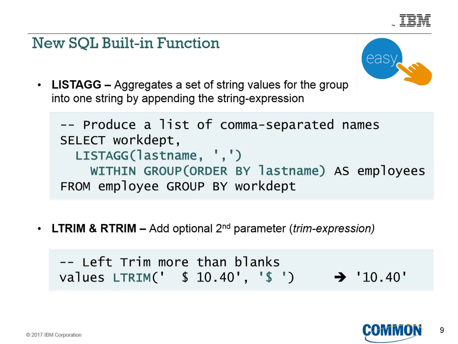We want to have the list delimited. In this case, it's going to have comma separators between each name. And at the end result, we're going to get more than one row returned. Each row will be a unique instance of work department, and then an ordered list of the last names of the employees who are in that department.